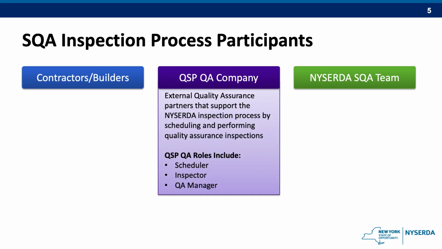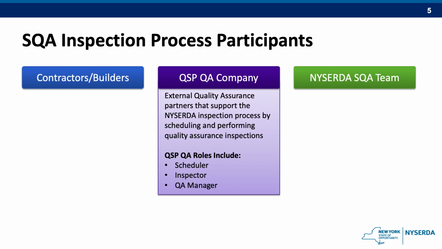Quality Service Provider Quality Assurance, or QSP/QA companies, are responsible for scheduling, performing, and providing initial approval for SQA inspections. Specific SQA/QA company roles include the scheduler, the inspector, and the QA manager.